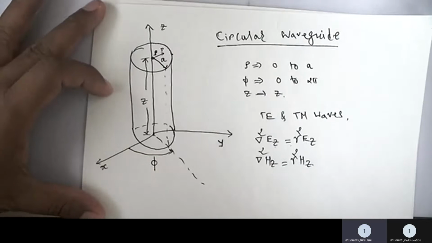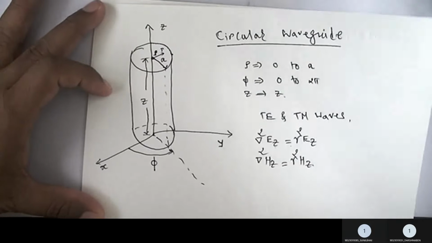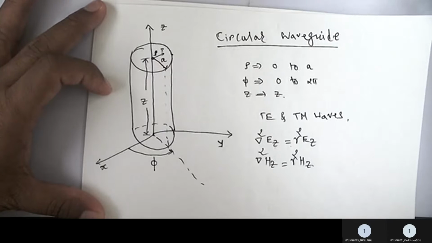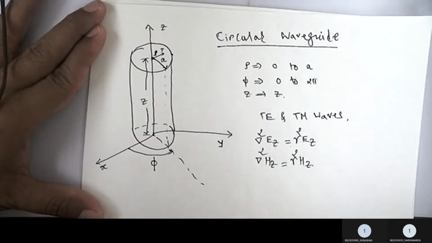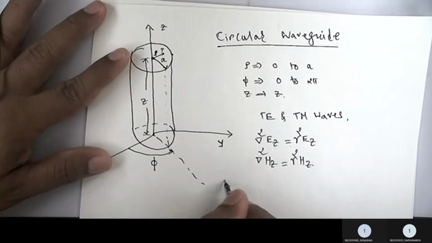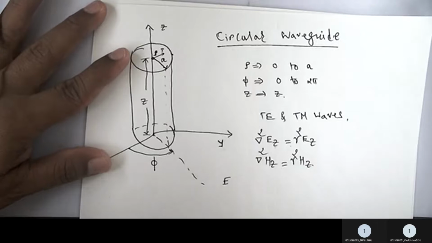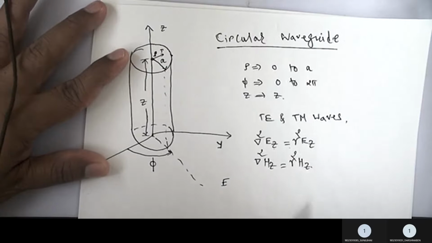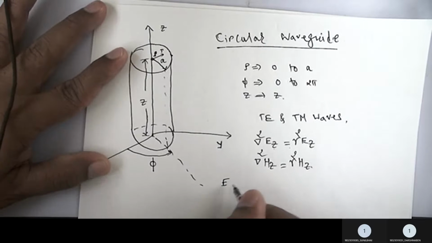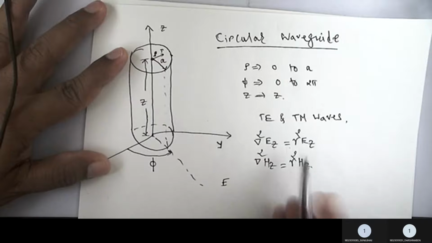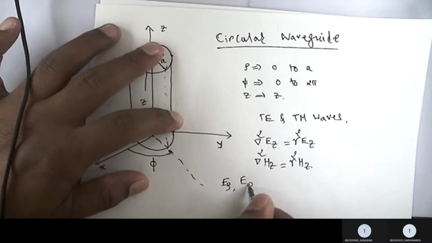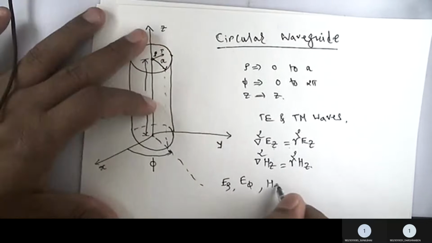Okay. Now, for obtaining the various field components of the electric and magnetic field in the cylindrical coordinate system, for TE or TM waves we have to obtain not only Ez and Hz, but we should also go for E phi, E rho, H rho, and then H phi.